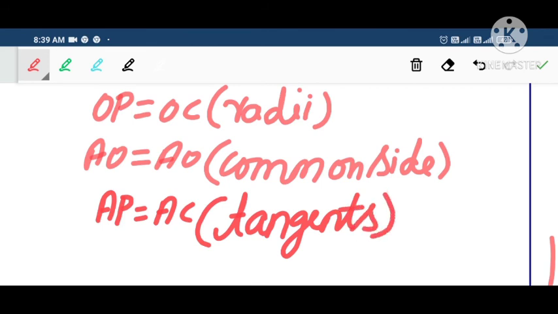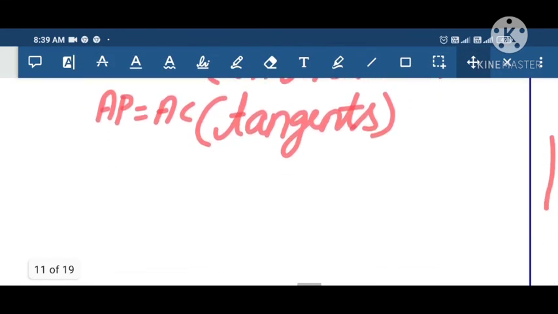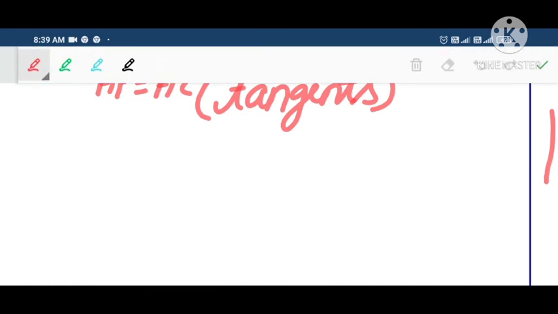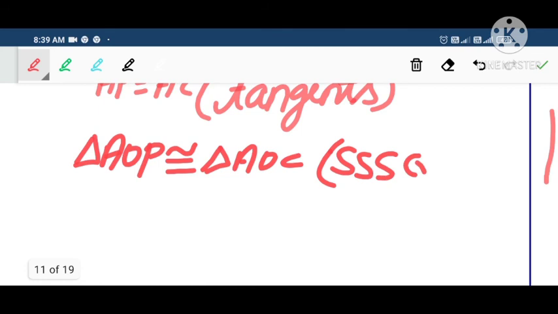Now you can see OP, OC, OP, AO, AP, all three sides are equal. So the triangles we take are AOP and AOC. Triangle AOP is congruent to triangle AOC, by the side criterion.